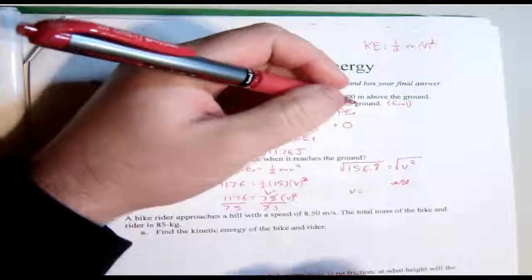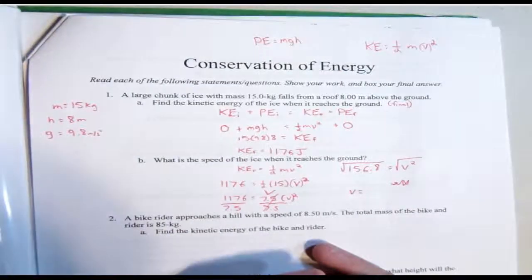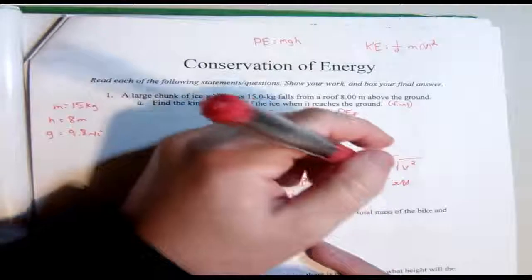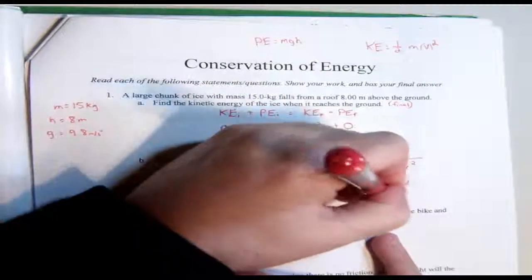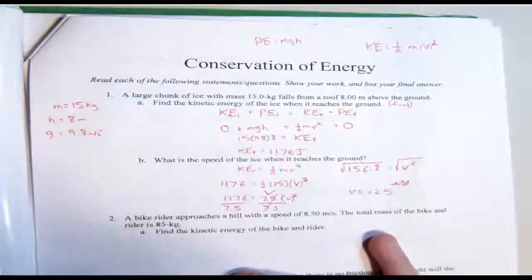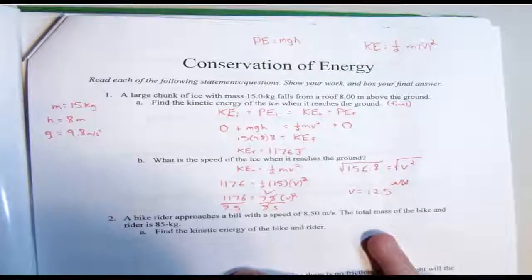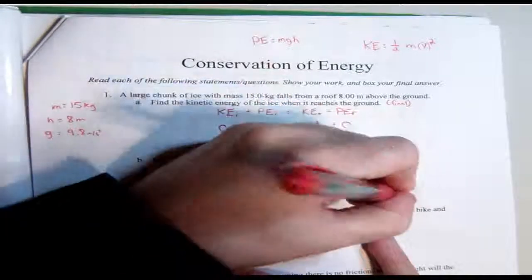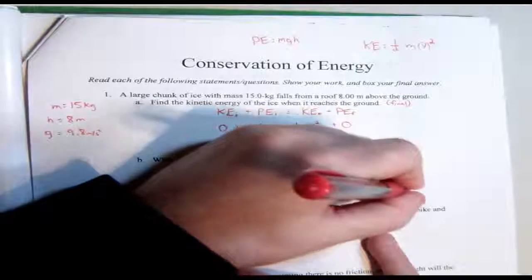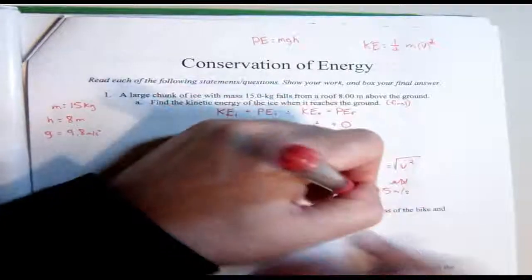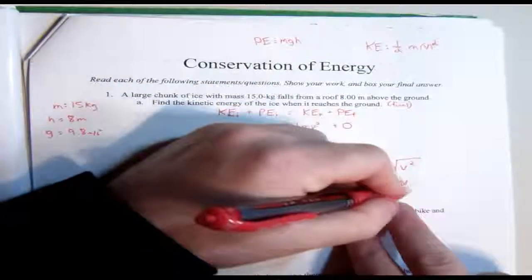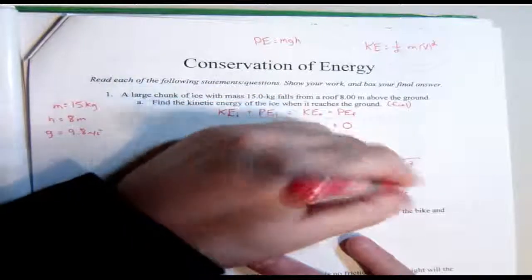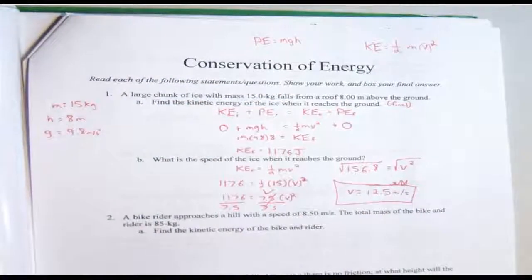So now we got to do the square root of 156.8. And our final answer should be about 12.5. Our unit should be meters per second. And it's just velocity, so that's not squared. If it was acceleration, we would square it, but it's just velocity. We're going to box our answer, and that is it.